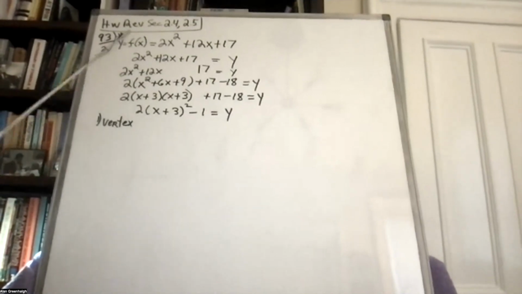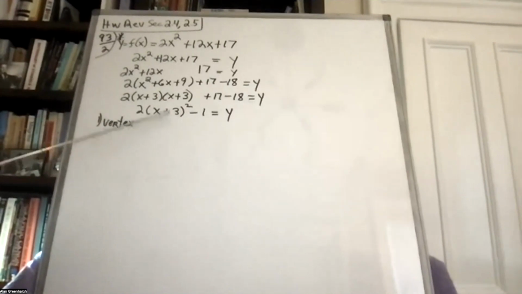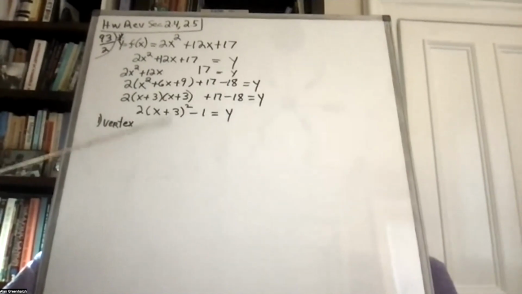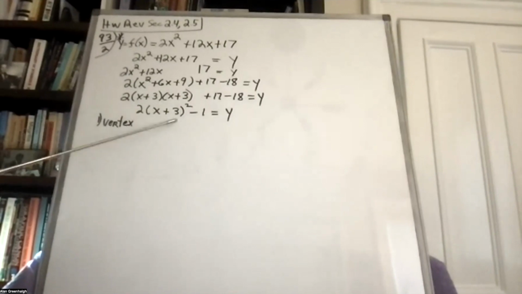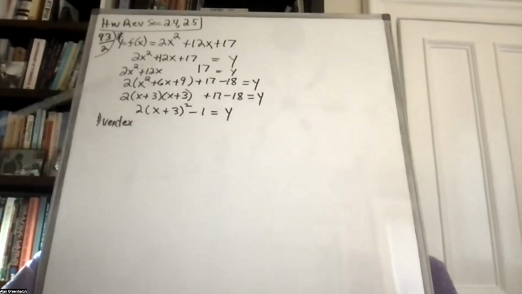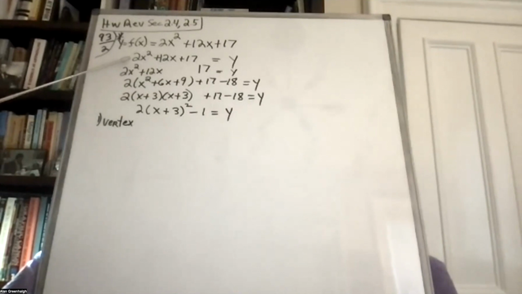This is the form that we're going to use to graph the quadratic function. I bring it down here, move that 17 over to the side, and factor out a 2.